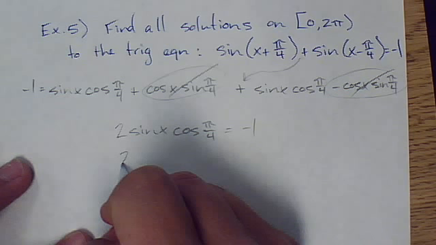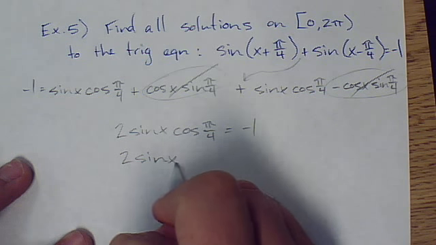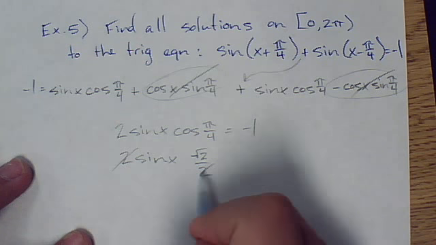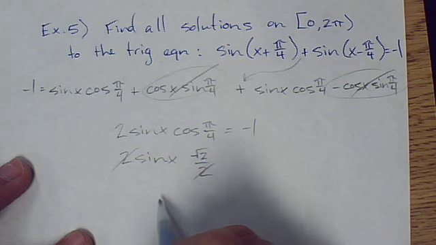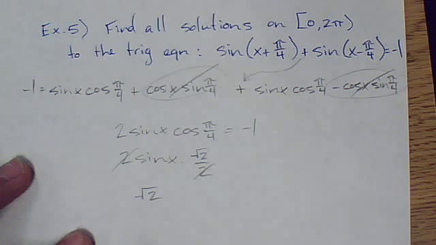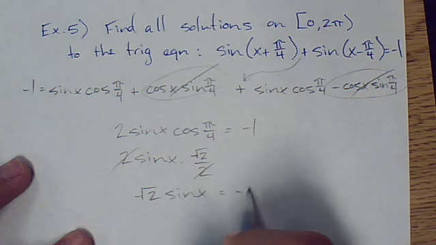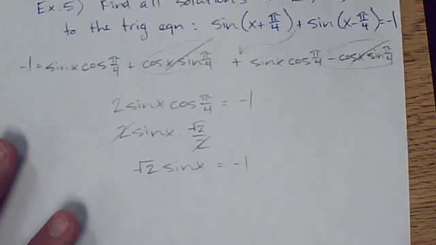Cosine of pi over 4 is square root of 2 over 2. We can multiply those, that'll cross out. So I'm looking at square root of 2 sine x equals negative 1.